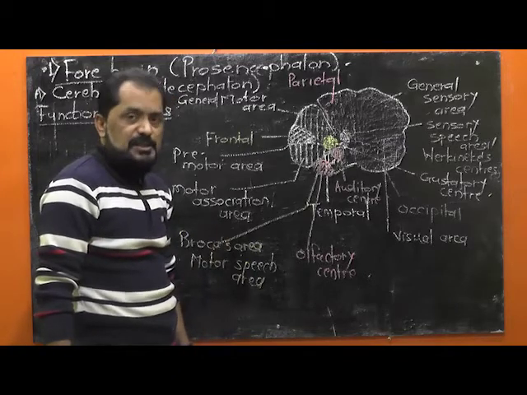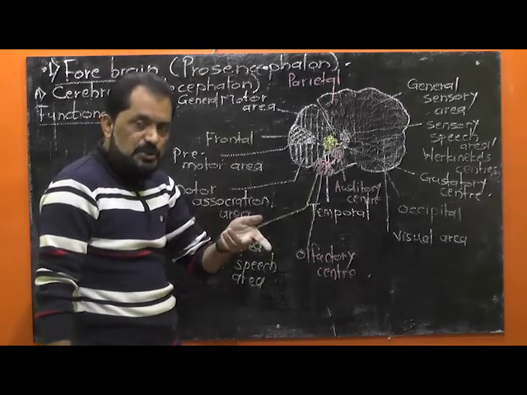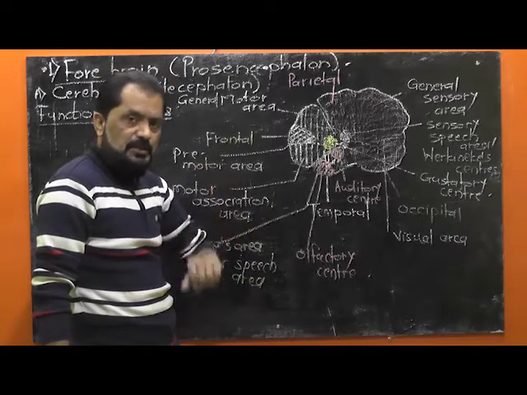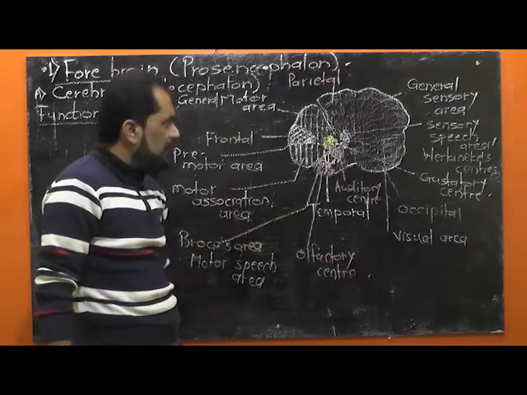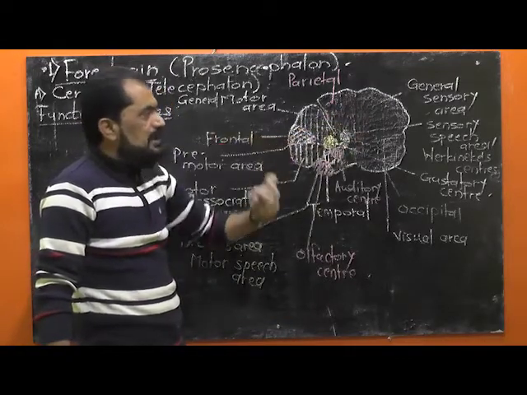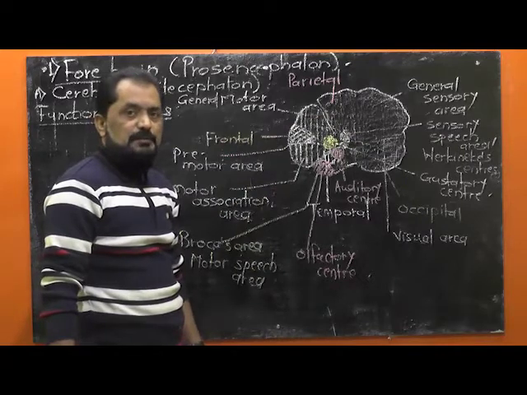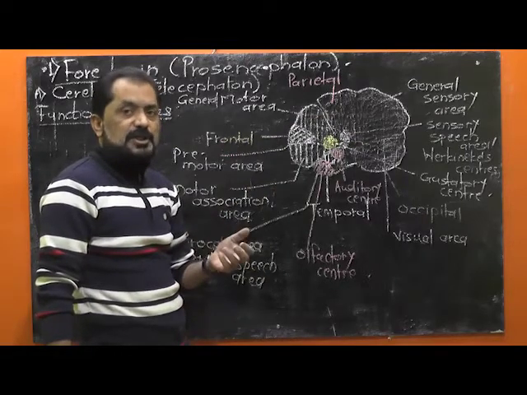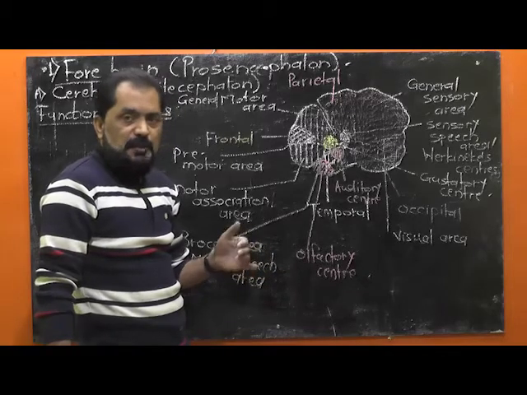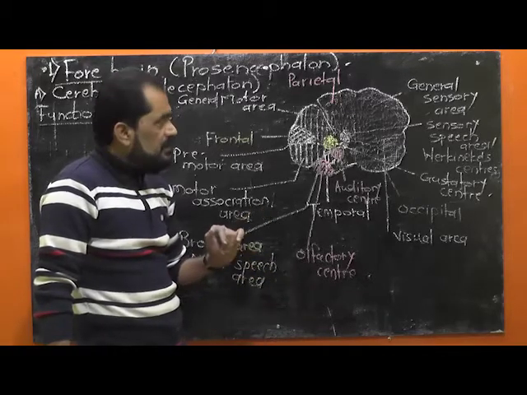It translates our thoughts into speech. विचारांना शब्दामध्ये व्यक्त करण्याची क्रिया हा नियंत्रित करत असतो. That is Broca's area. Parietal lobe contains general sensory area. It is responsible to perceive the different general sensations such as touch, pain, pressure, heat, cold, etcetera.